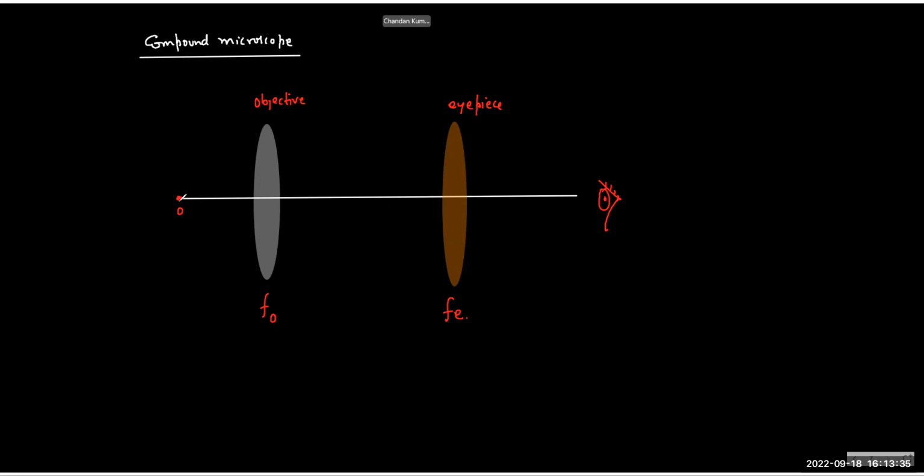For every object to get a real image, how far should the object be kept from the objective? More than F. We call this u naught, and technically u naught should be more than or equal to F.